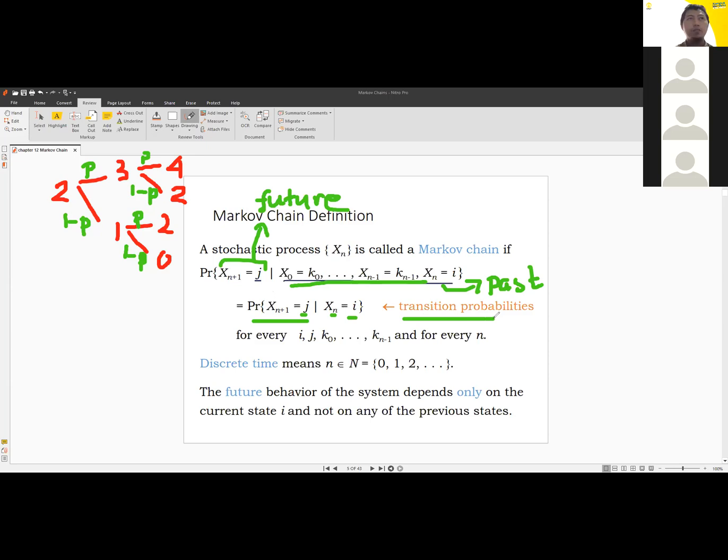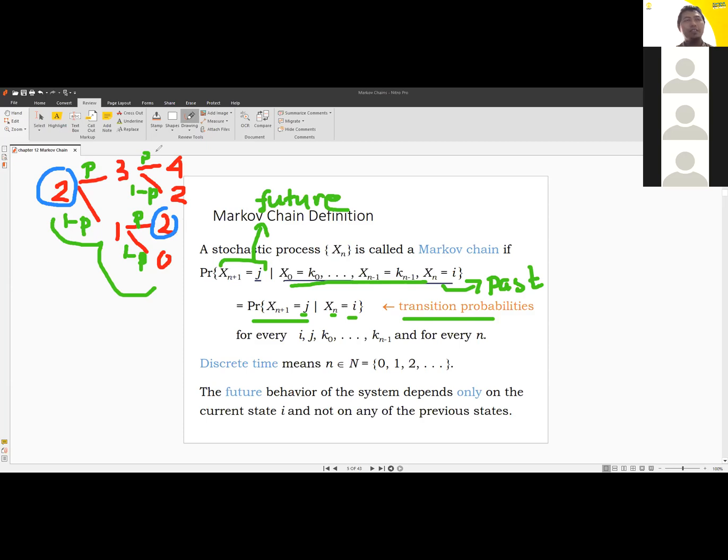This process, you can see, is a kind of chain. I made a circle in blue here. Sometimes, if we have $2 in a certain step, we come back to $2 with a certain probability.